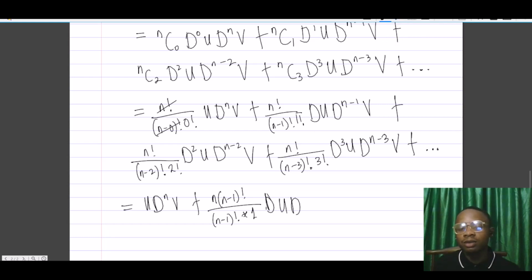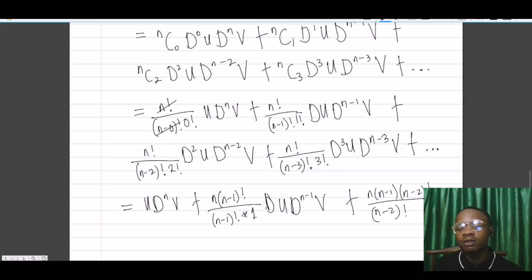The first derivative of u, the (n minus 1)th derivative of v, then plus, for this also we can break this down into n into n minus 1 into n minus 2 factorial, then divided by n minus 2 factorial.